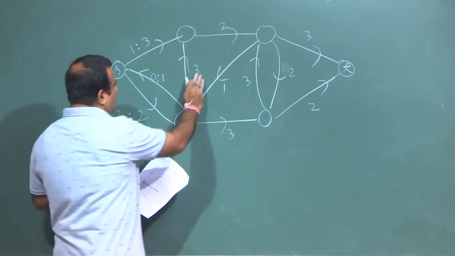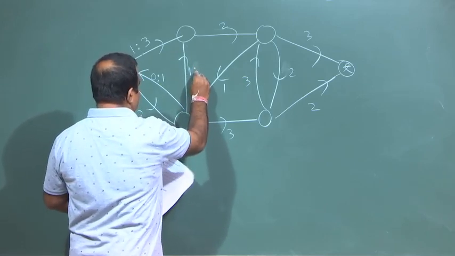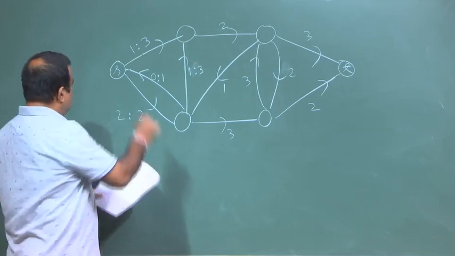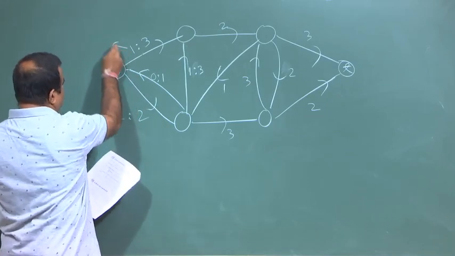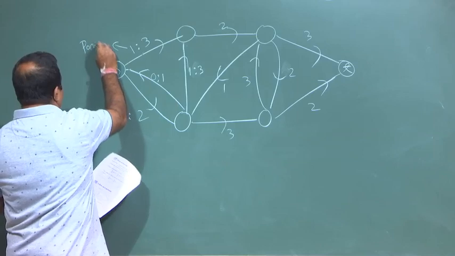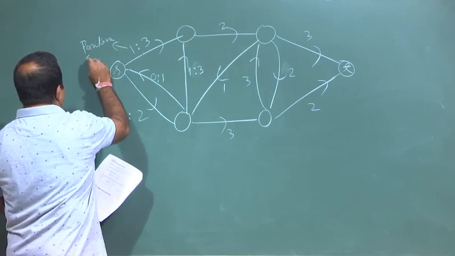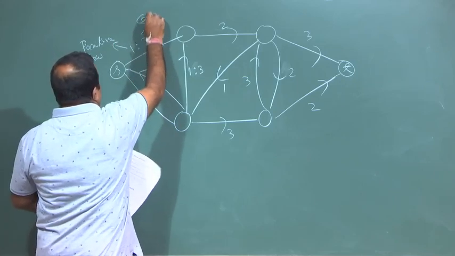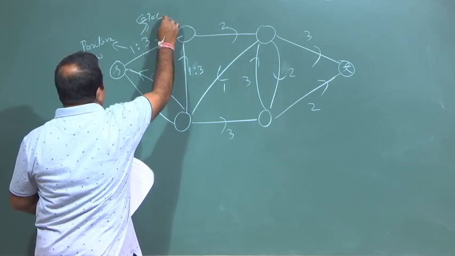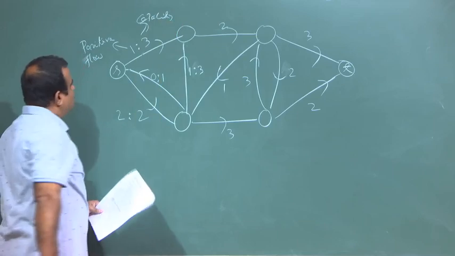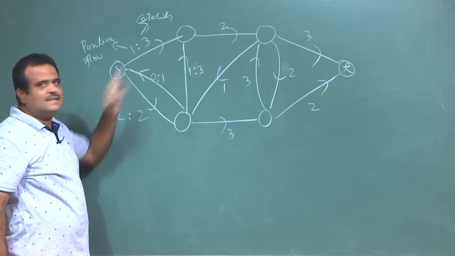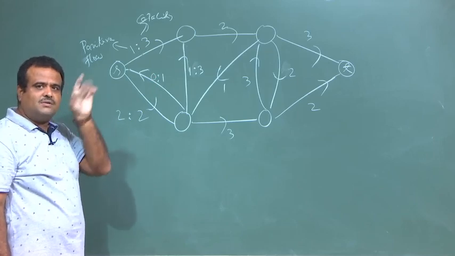Then this is 3, so we can have 1. So, this is basically the positive flow, and this is the capacity. So, our flow must be less than the capacity of that direction. This is sort of current passing on this wire.